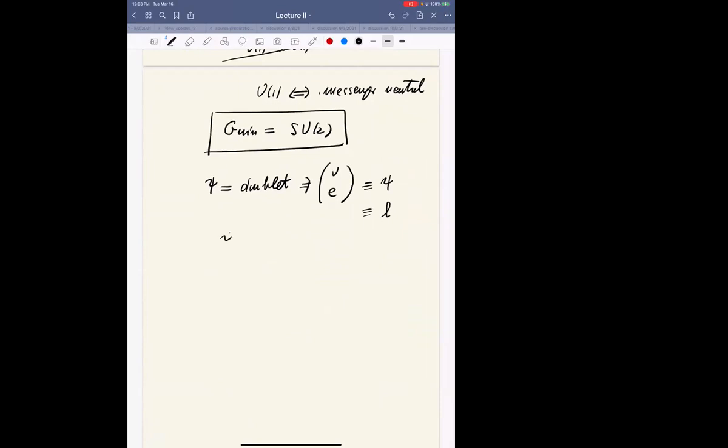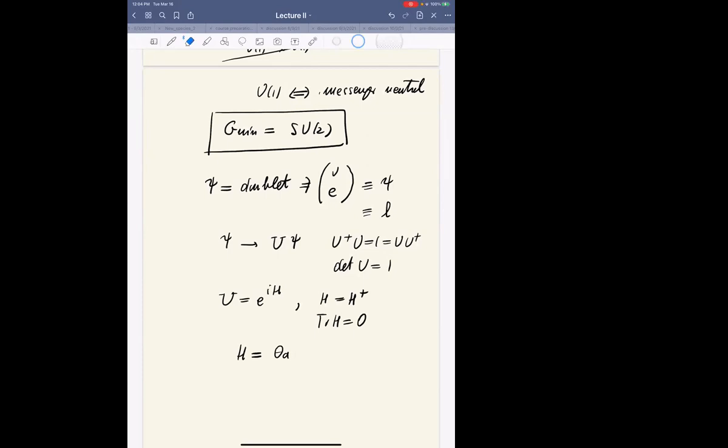What it means is that psi goes into U psi, so that U dagger U is 1, of course. And SU2 has determinant 1, so I can write U as e to the i H, with H Hermitian, as long as 2 things hold: H is H dagger, so that U is unitary, and the trace of H, of course, is 0. That will ensure that the determinant is 1. But that means that H I can expand in a basis, and the basis is called Pauli matrices.